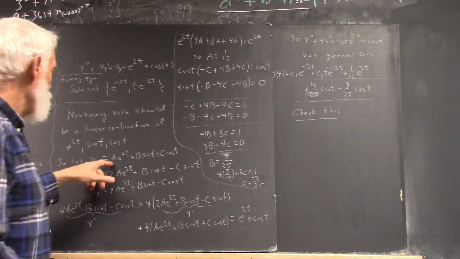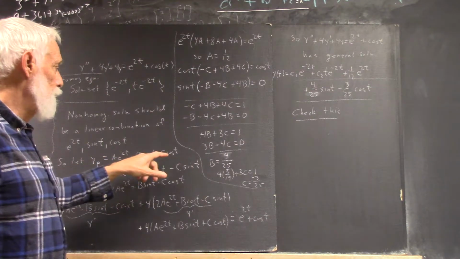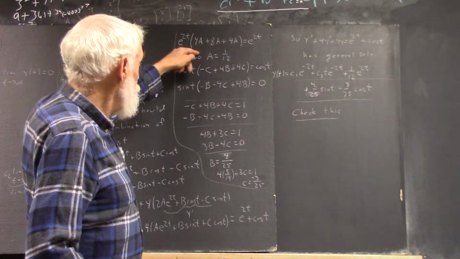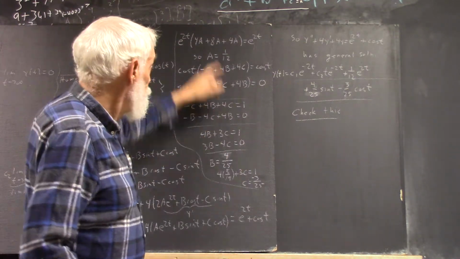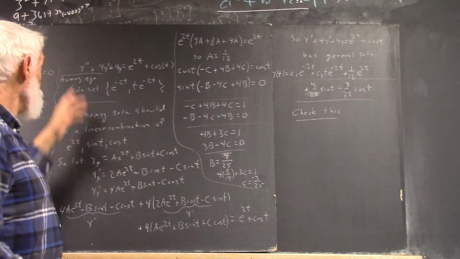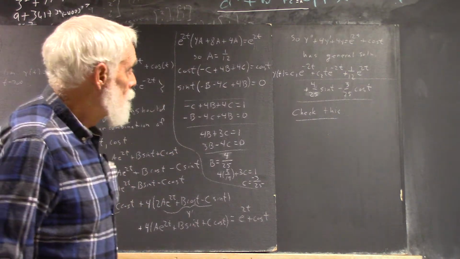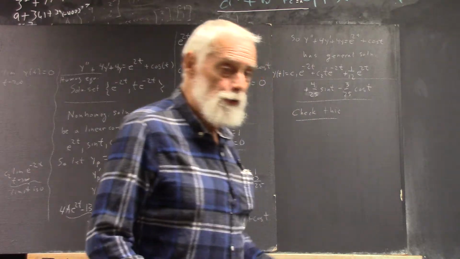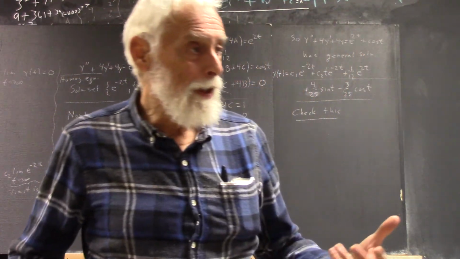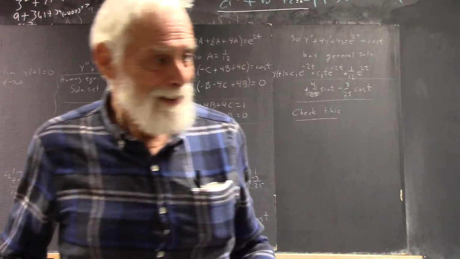That's our a e to the 2t plus b sine t plus c cosine t for the solutions a, b, and c that we got when we plugged this particular solution into the equation. Now we want to check it and see if it works out, because that should convince you, or convince you that I still don't have the constants right. So let's see what you got.